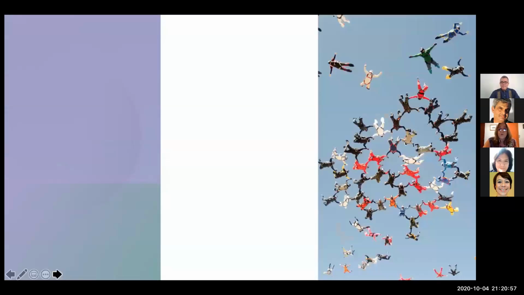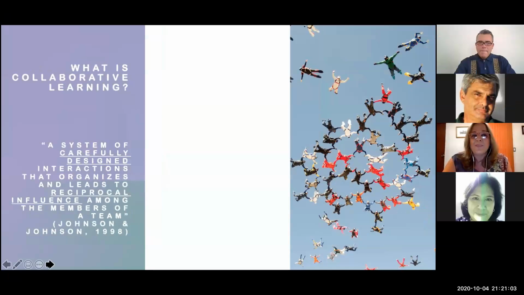For those of you who perhaps are not that familiar with collaborative learning, I would like to start by giving the definition by the two brothers, David and Roger Johnson, who introduced this concept. And I will read it to you.